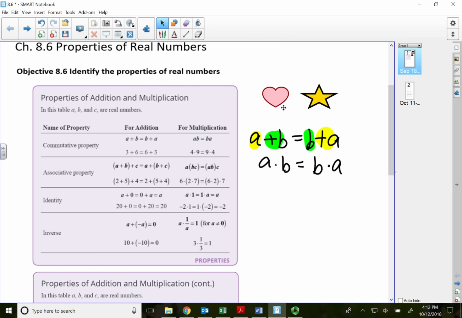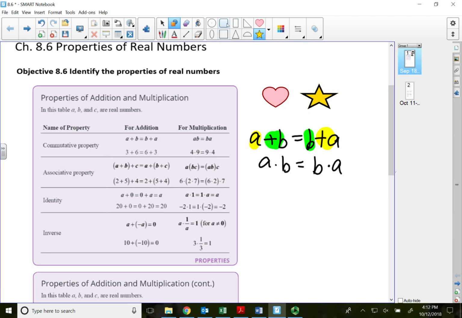So what's an expression? An expression is something made out of a bunch of terms. The commutative property allows me to swap the order of my terms. All right, a times b, multiplication, is only one term. Within one term, I'm also allowed to swap the order.